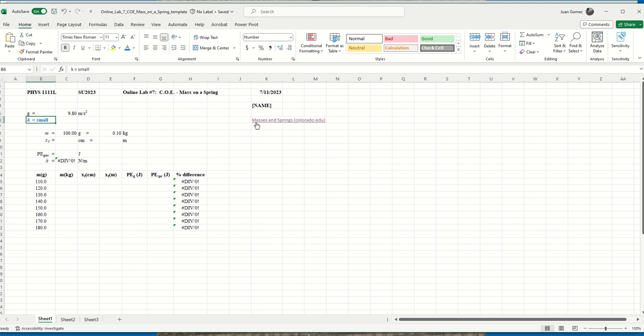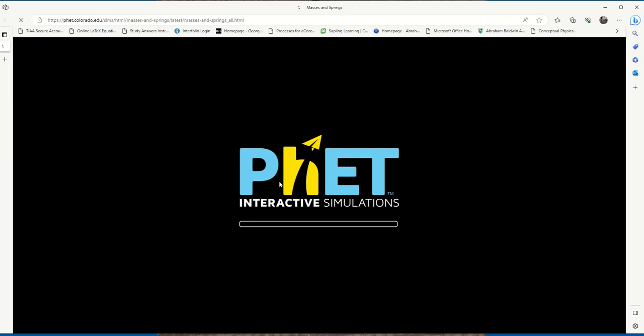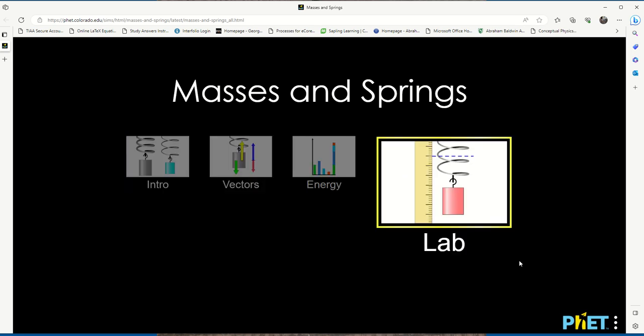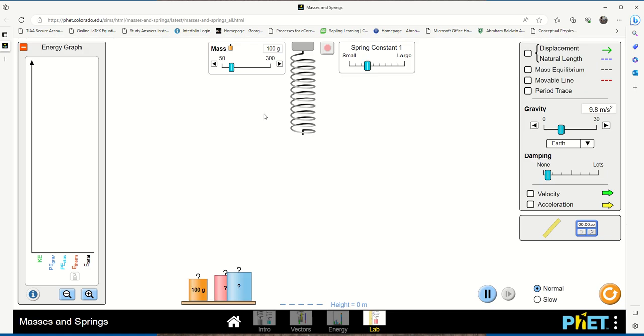And so let me go ahead and bring up the simulation. So here's the link here, masses and springs. You'll come up with the simulation, and we want to go over here to lab. So I clicked once, I'm going to click again, and it brings up the spring lab. Now notice over here in this box on the right, you want the gravity to be the gravity due to Earth, 9.8 meters per second squared.